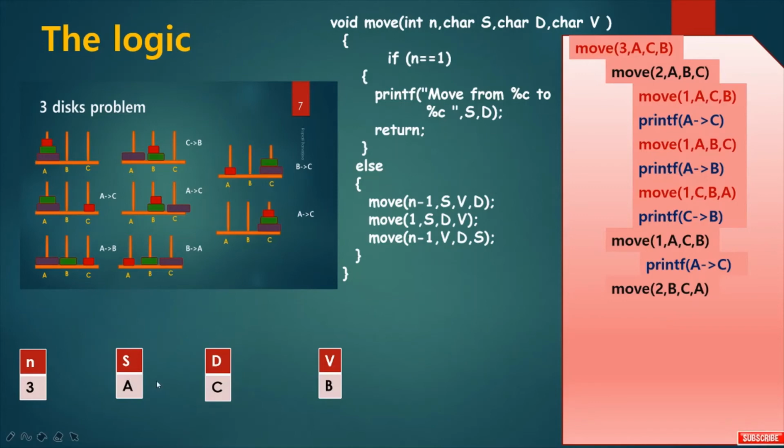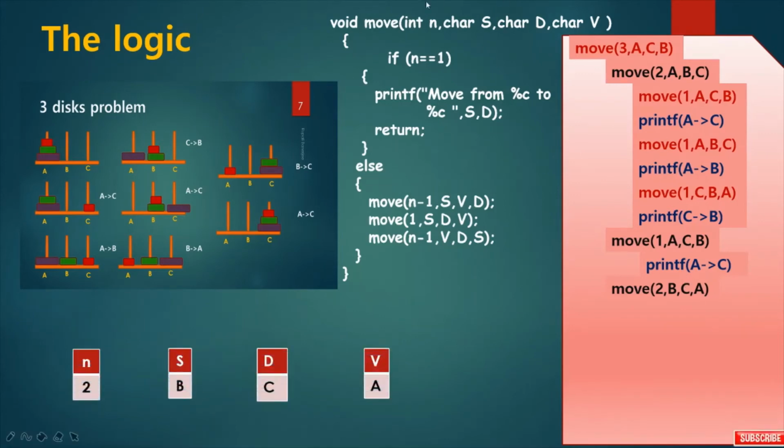So our new values are n is 2, S is B, D is C and V is A. So call the function move with these values.